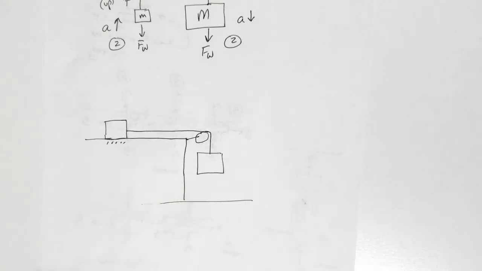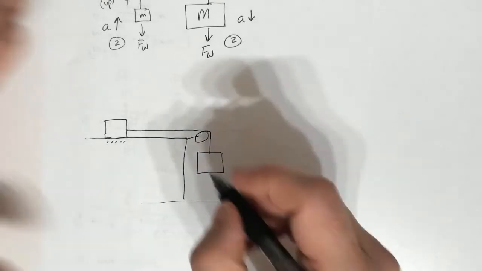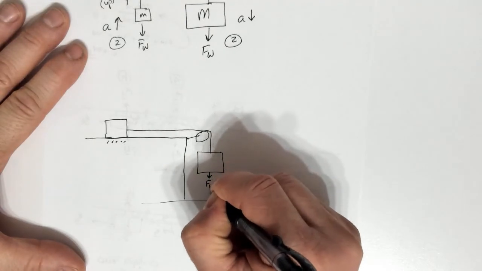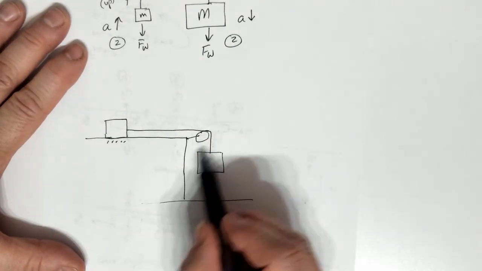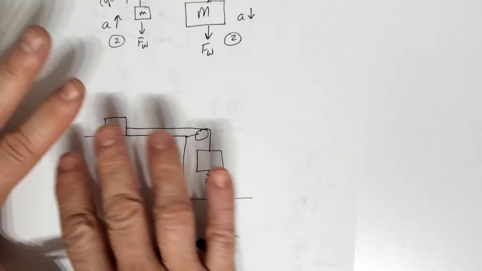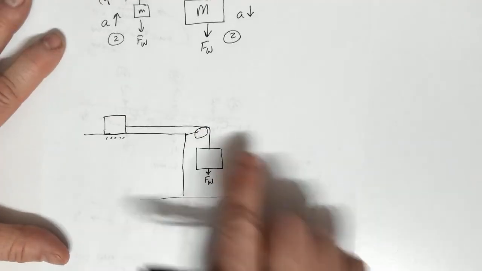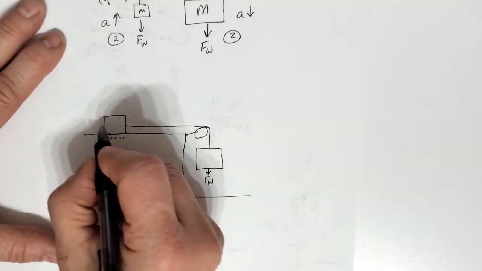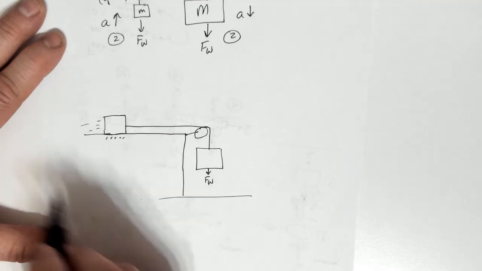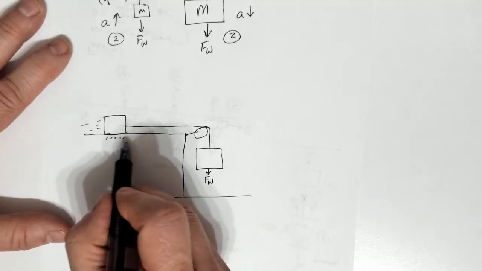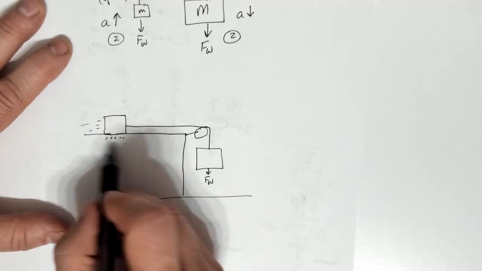So what forces do I have here? Well, I have force of weight. It's not touching the ground, so there's no normal force. They're not moving really fast, so we're not going to say there's any kind of air drag, but it is moving. Okay? And in its movement, we know it's rubbing over here, so we have other forces going on.